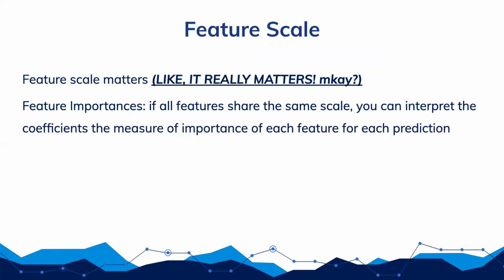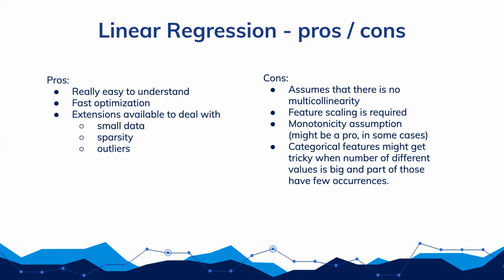So feature scale really matters, and the importance of a feature can be related to its coefficient. If your model gives a weight of 5 to one feature, it's much more important than a weight of 0.5 to another one. These are the two main things you can take out of this computation of the coefficients and this normalization of your features.